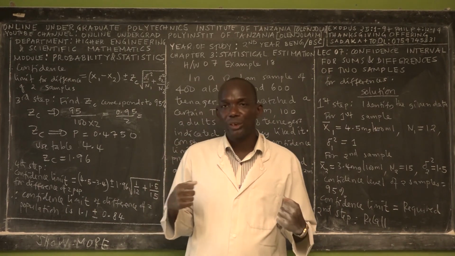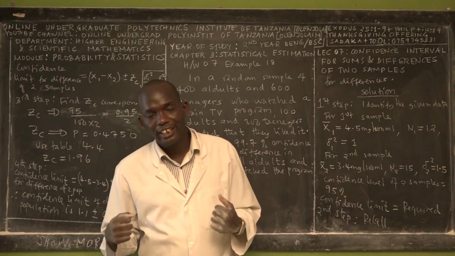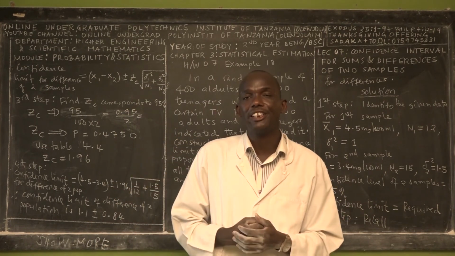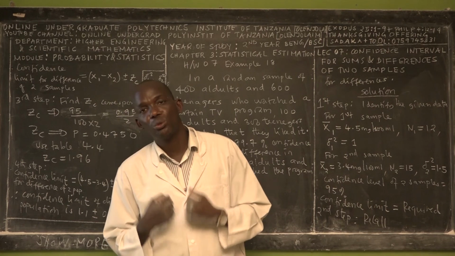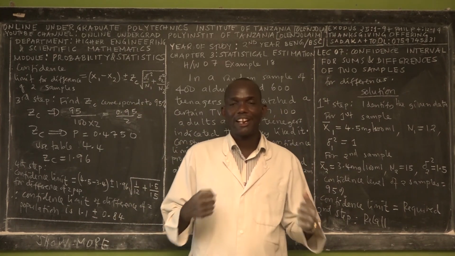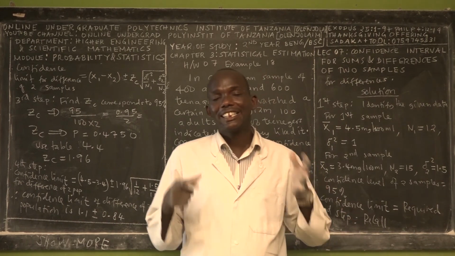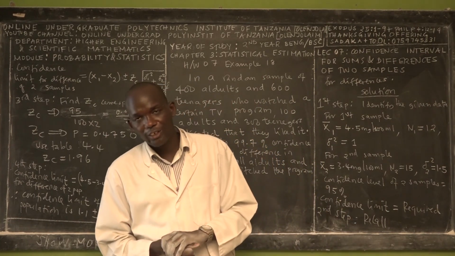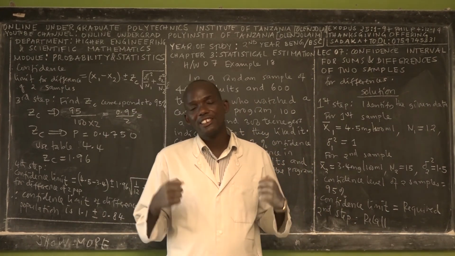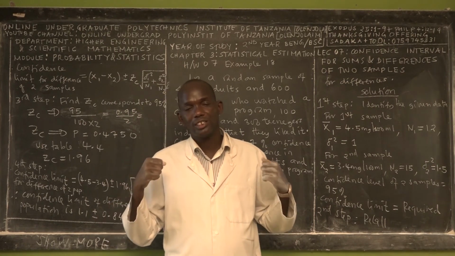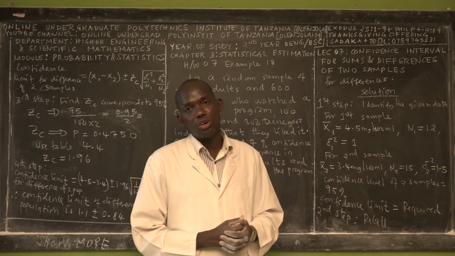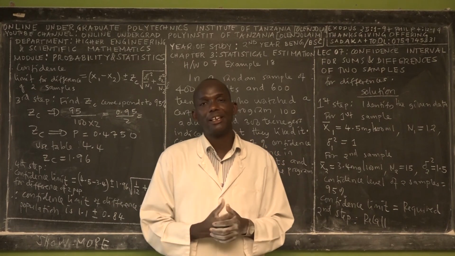Remember that the vision we have in online undergraduate Polytechnic Institute of Tanzania is to equip our students with relevant knowledge, understanding, and wisdom that can help them to solve real-life problems. So stay tuned and stay focused and enjoy the beauty of higher engineering and scientific mathematics.